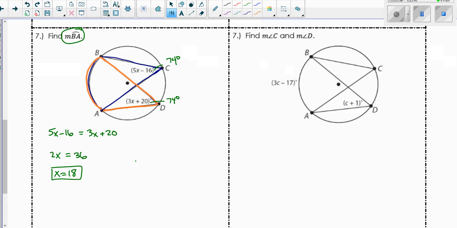So that means that the measure of arc BA, so arc BA is right here, is double 74. So this has to be 148. Okay. So 148 degrees. That's my answer.